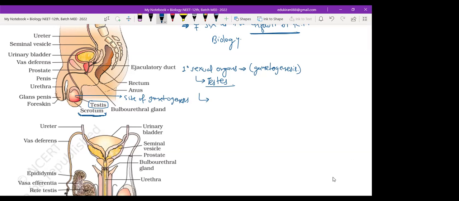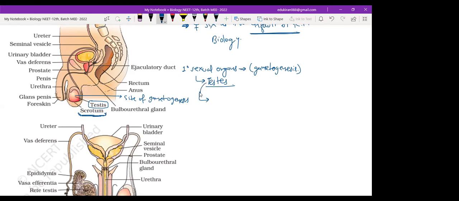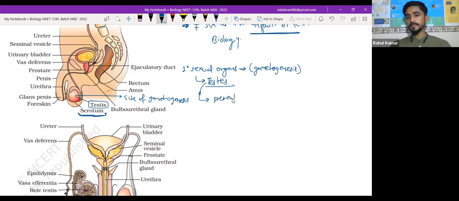Yes. Now this descending down is very important. Why does the testes have to be in the scrotum and why can't it be in the abdomen? For low temperature. Yes, it's present in the scrotum.